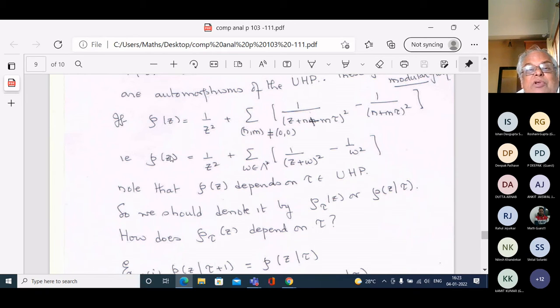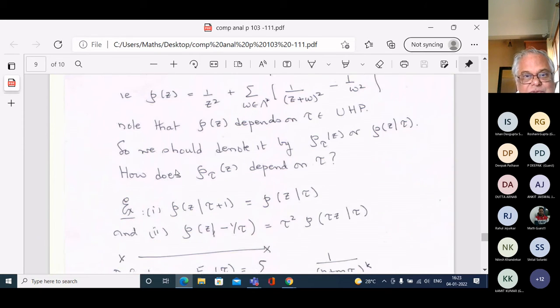So actually, when you want to think of it as a function of tau, I should tell you that P of z depends on tau, so I should denote it by P tau of z. The question is, how does P tau of z depend on tau?